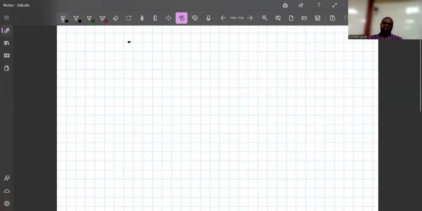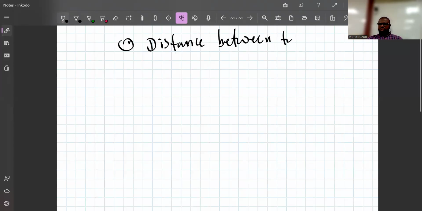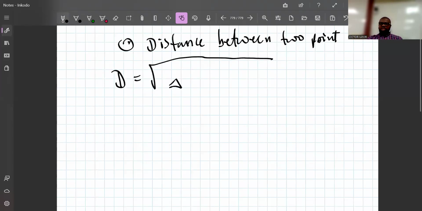So the first thing that we are going to be looking at is the distance between 2 points, also known as length between 2 points. The distance between 2 points, d, is equal to square root of change in x squared plus change in y squared.